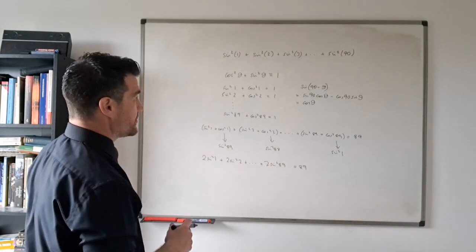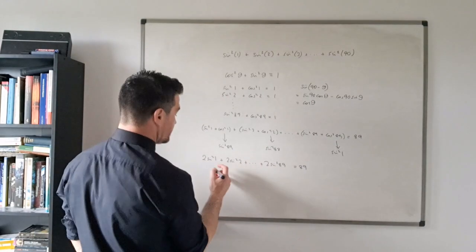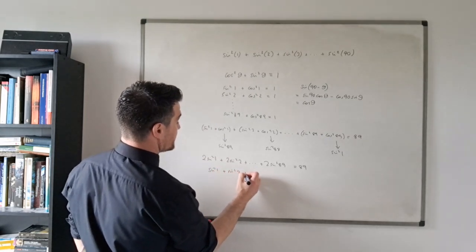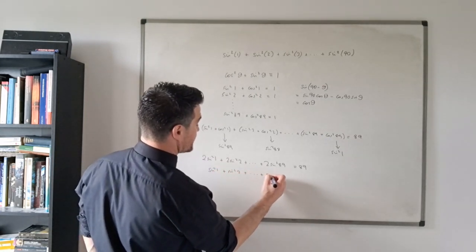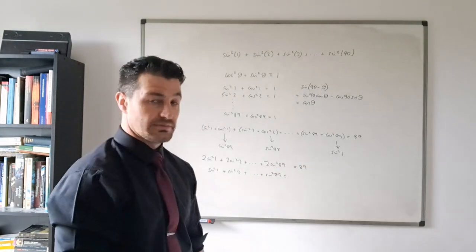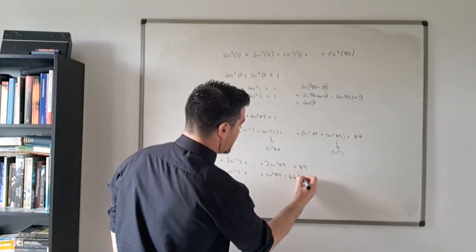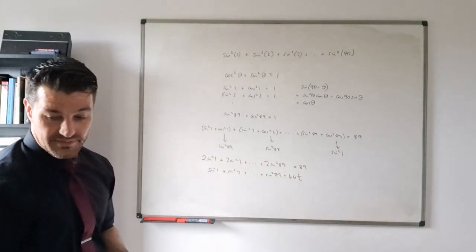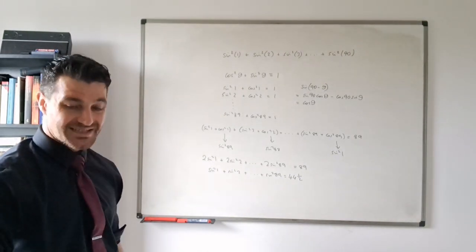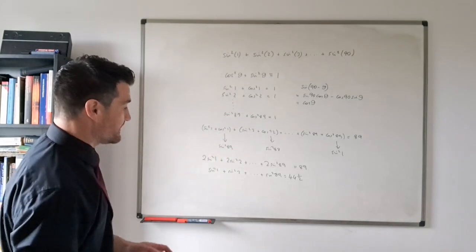If I divide through by 2, then I get sine squared 1 plus sine squared 2 plus up to sine squared 89 is equal to 89 divided by 2. 89 divided by 2 is 44.5. I hate using mixed numbers, but the possible answers to this are given to us in the form of mixed numbers, so whatever.